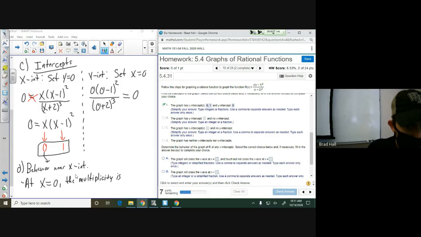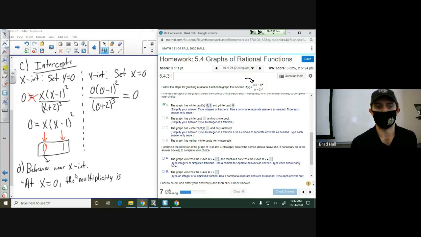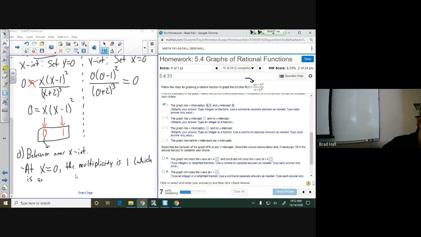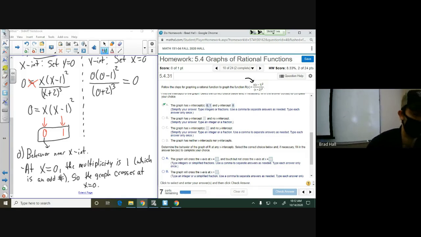So it comes right from this x right here. The multiplicity is, well, what's the exponent of that x? It's 1, which is an odd number. So the graph crosses at x is equal to 0. That should be your thought process, verbatim, right there.